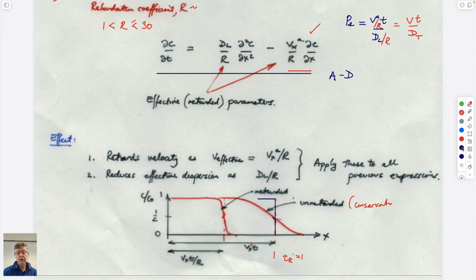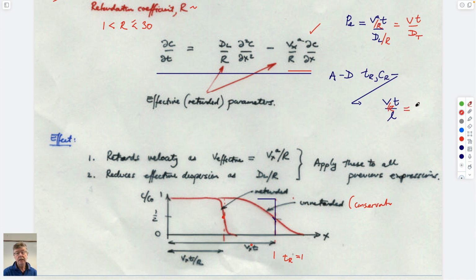If we do the same on our pore volume term, what we've called TR, or Courant number, I'll do it down here because I've run out of space. What is it? It's velocity times time over L. Yeah, I guess it was L. And if we do the same treatment to this, velocity is divided through by r, but none of the other terms are.